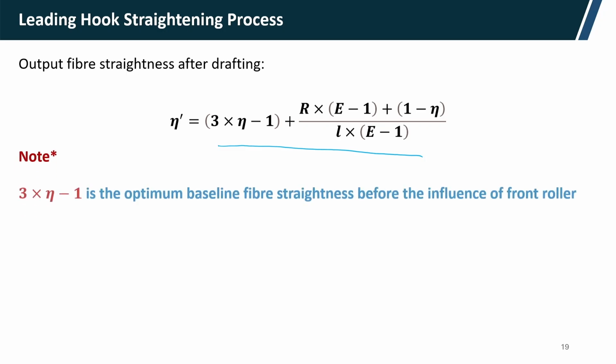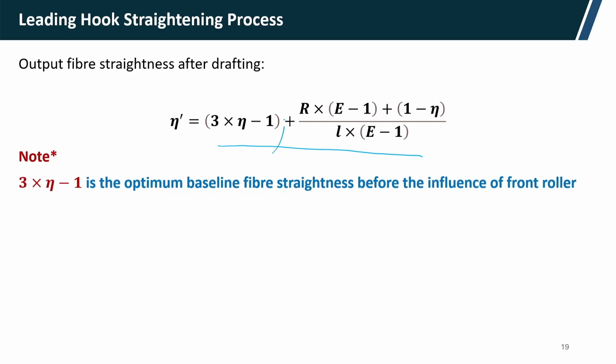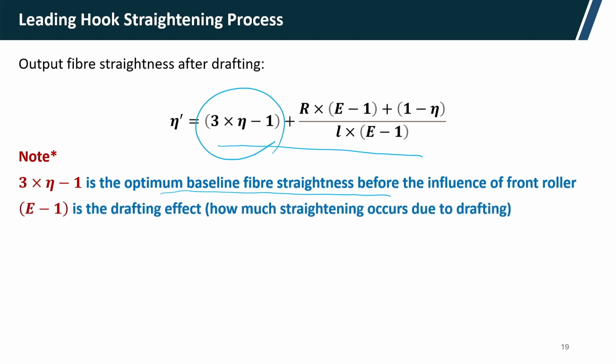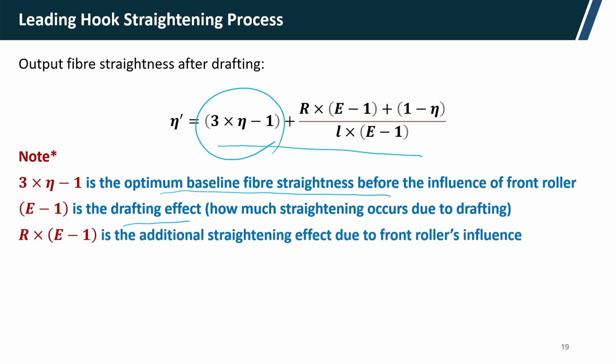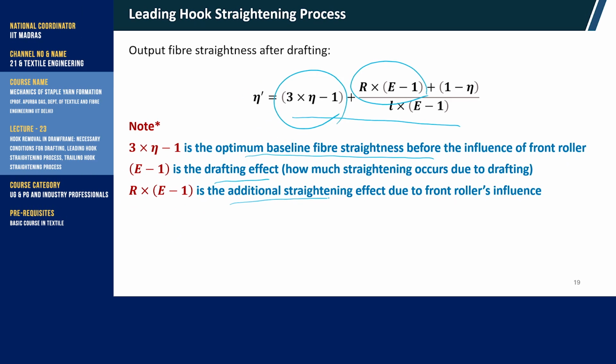Now, the first portion of this relationship, 3 eta minus 1, is the optimum baseline fiber straightness before the influence of the front roller. E minus 1 is the drafting effect, and r multiplied by E minus 1 is the additional straightening effect due to the front roller influence.